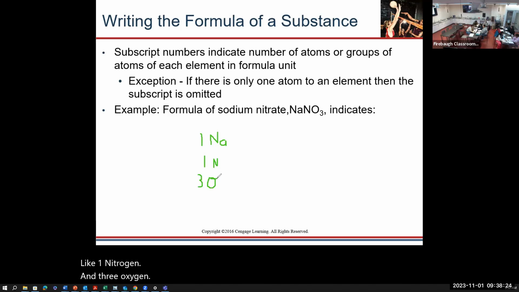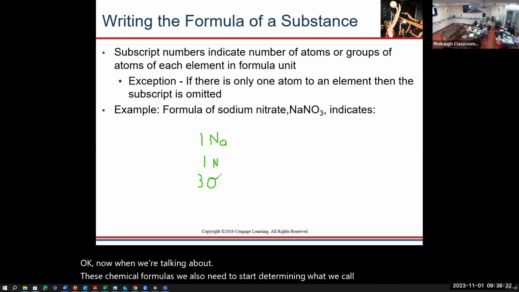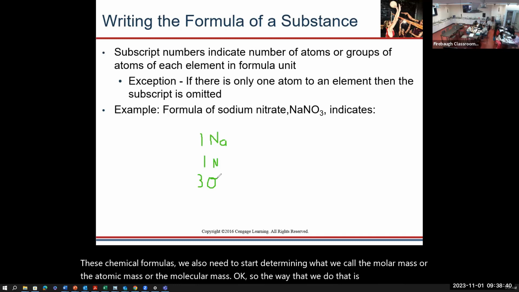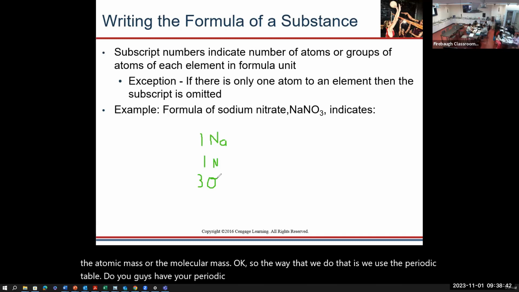Now, when we're talking about these chemical formulas, we also need to start determining what we call the molar mass, or the atomic mass, or the molecular mass. The way that we do that is we use the periodic table. Do you have your periodic table available? Okay.